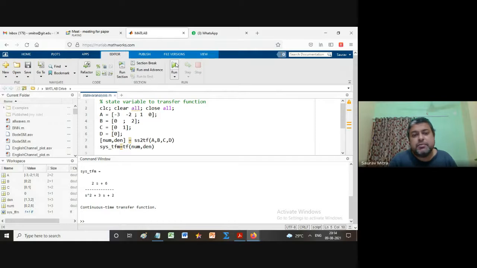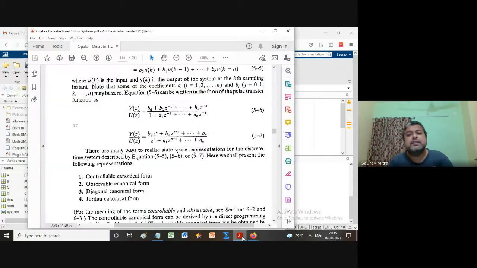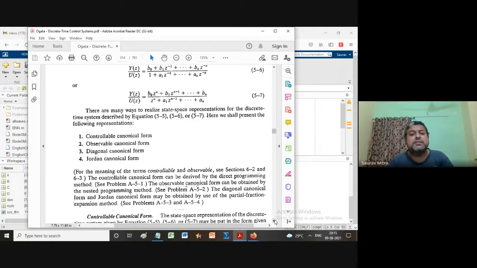Now here comes the most important thing. What are the elements in the A matrix? This is what you are seeing, and it is called a controllable canonical form. All the theory is given here in this book, the book by Ogata. If the transfer function is given, that is Y(s) by U(s), from here you can find four different types of system representation.